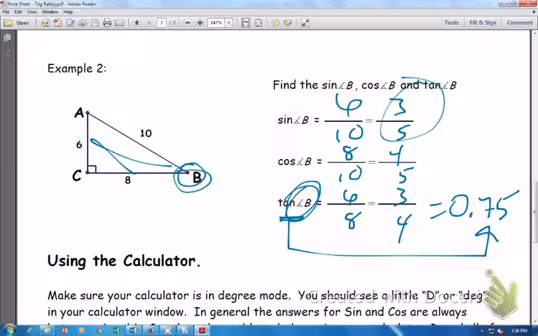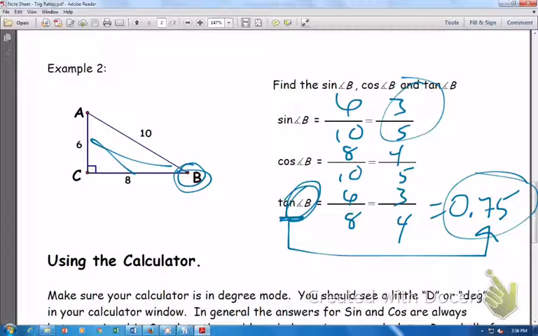But if the side lengths change and that angle does not change, then the value of that ratio will still be 0.75. I don't care how big or small the triangle is. What that means is, for 45 degrees, tangent has one value, no matter how big or small.